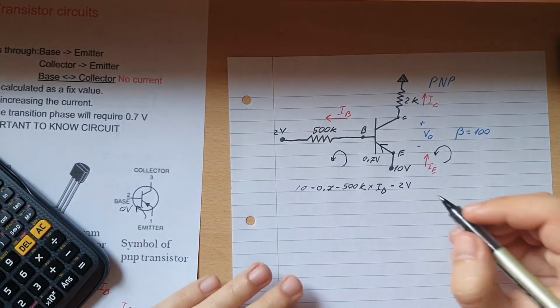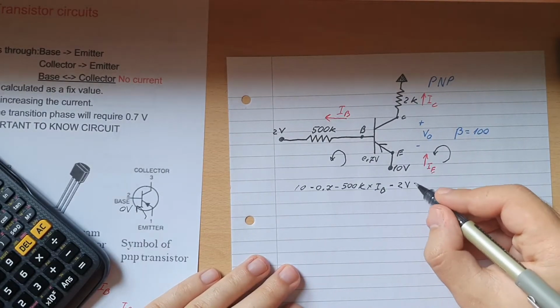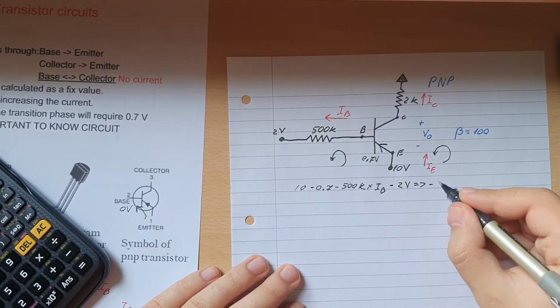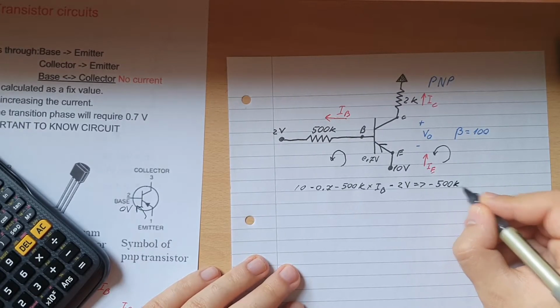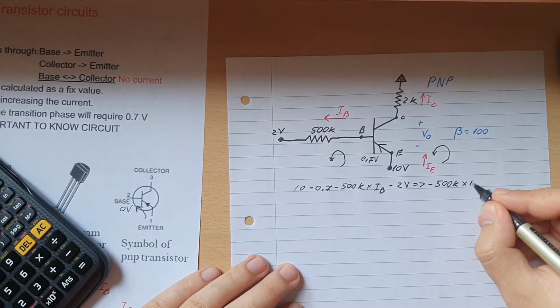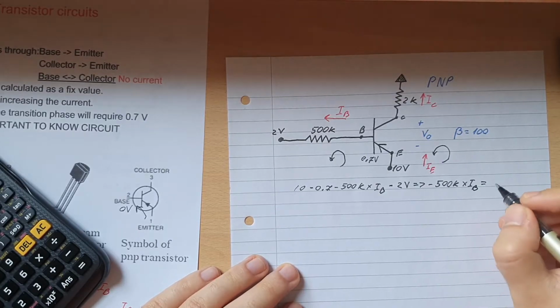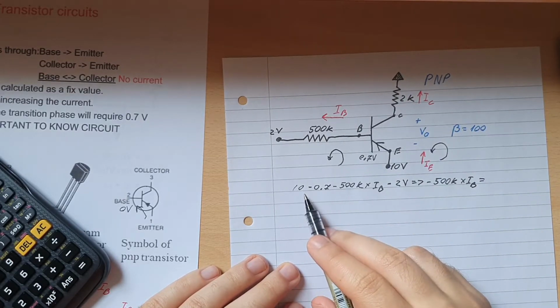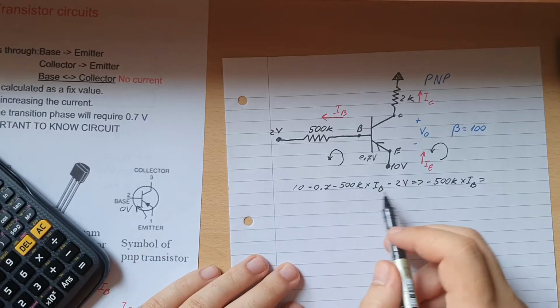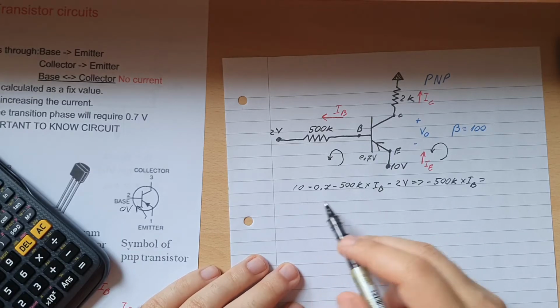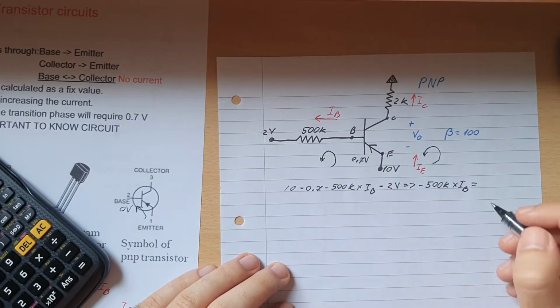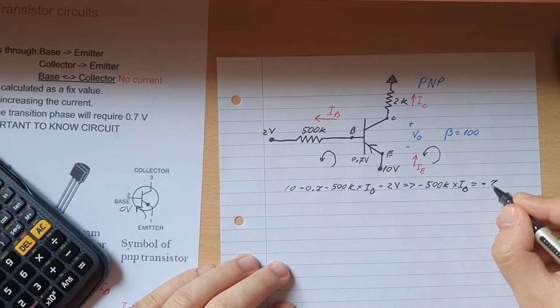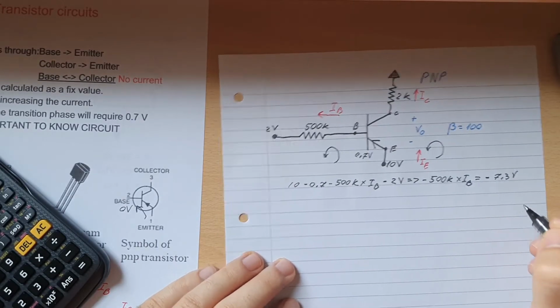Okay, so therefore minus 500k times IB will be equal to, so minus 2 and minus 0.7, that'll be minus 2.7, and that minus 10 gives us 7.3, move to the other side, that'll be minus 7.3 volts.